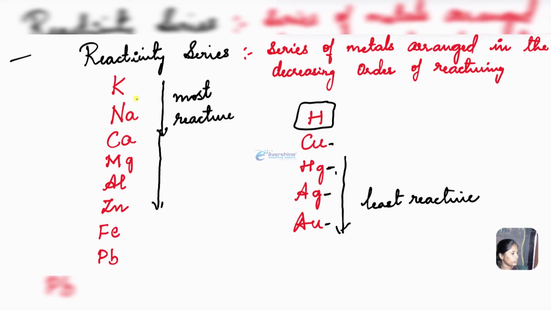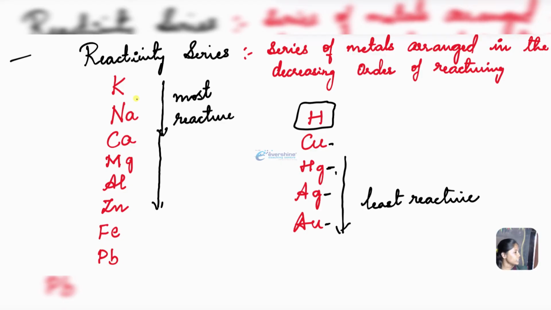So you can see potassium K, sodium Na, calcium Ca, magnesium Mg, aluminium Al, Zn zinc, Fe iron, Pb is lead. These are all a little bit reactive. The most reactive means the first three: potassium, sodium, calcium. Next, magnesium, aluminium, zinc are also reactive but less compared to the first three. Getting? So this is the reactivity series.